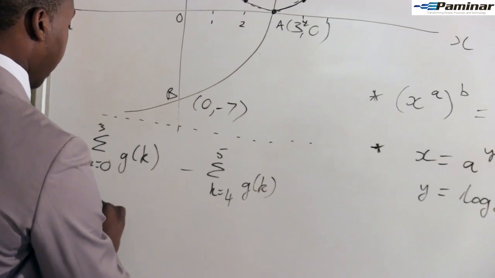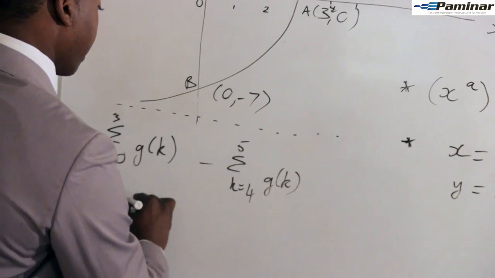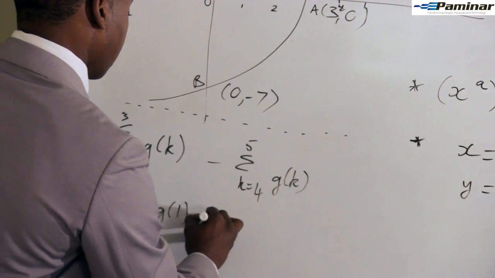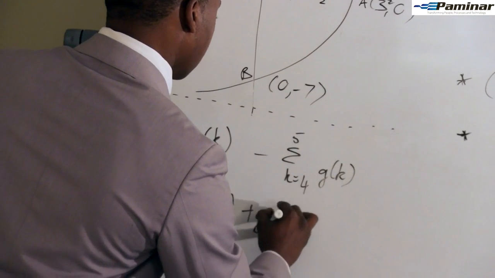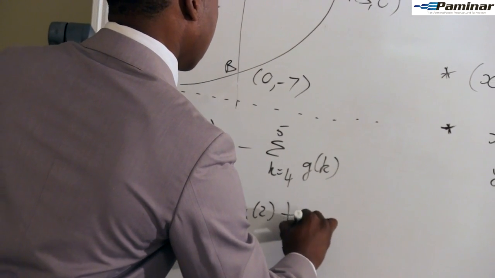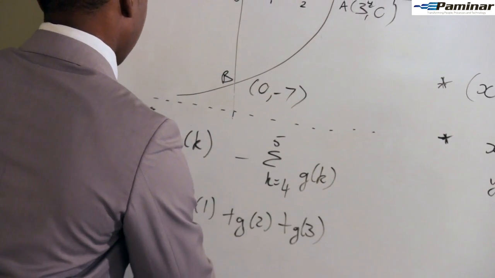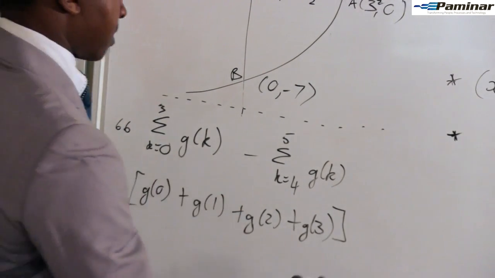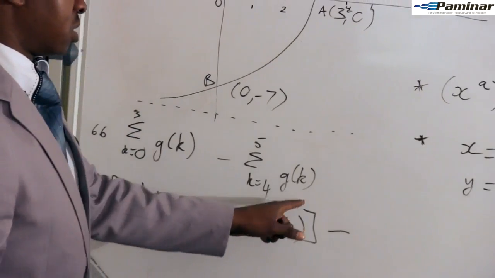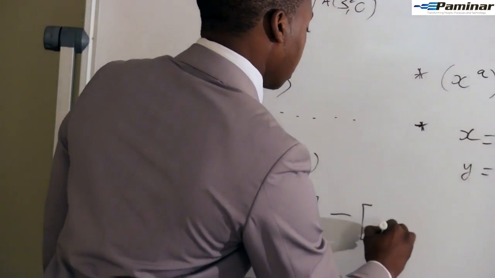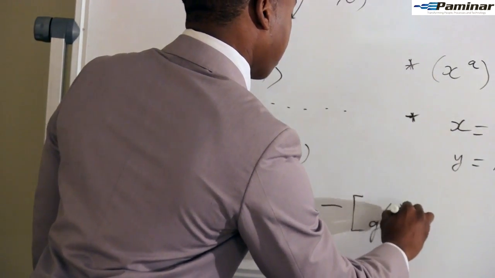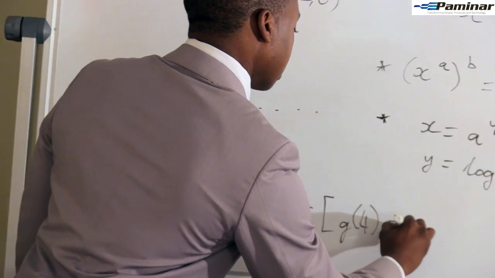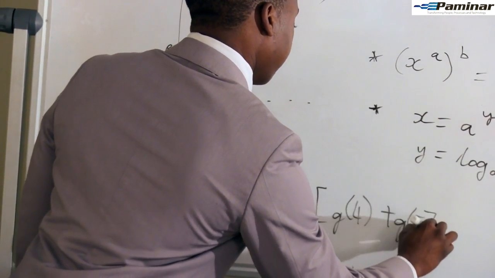So what I mean by that is this would be g of 0 plus g of 1 plus g of 2 plus g of 3. I'll put that in brackets to show that it's for that. Then we're subtracting, I also put it in brackets, g of 4 plus g of 5.